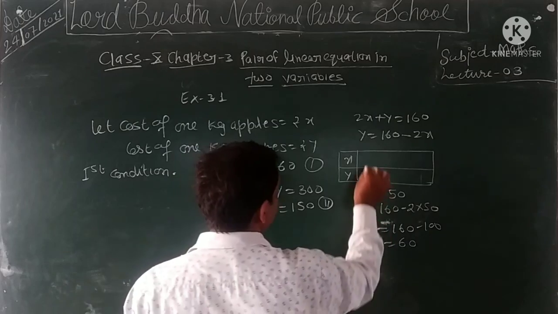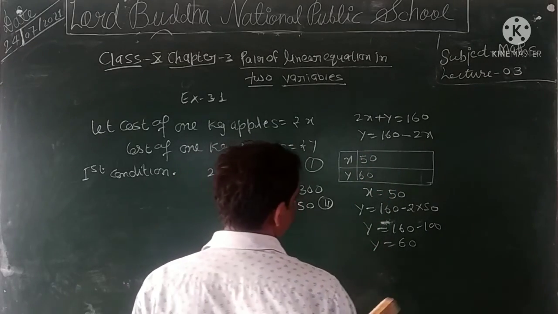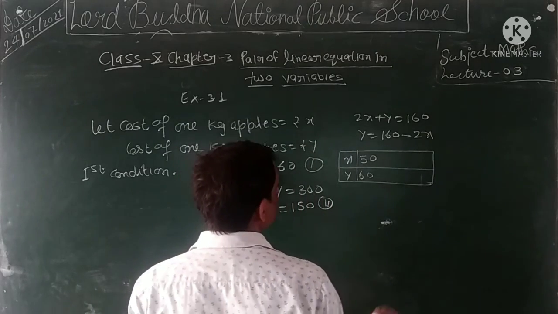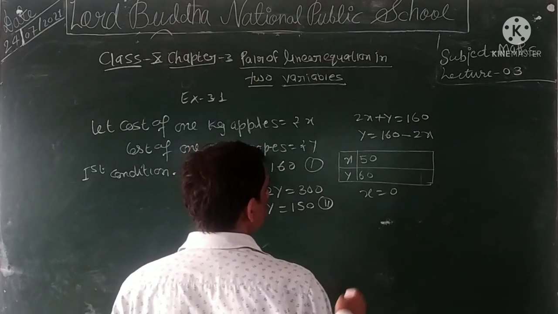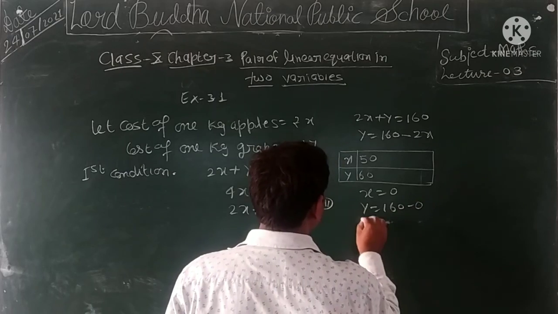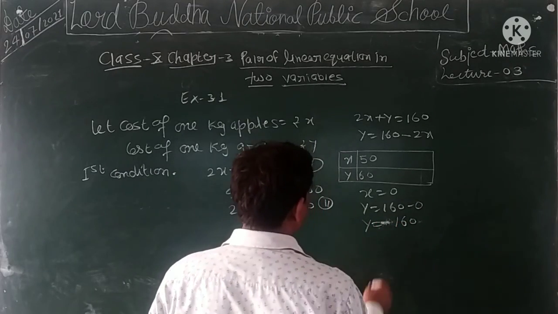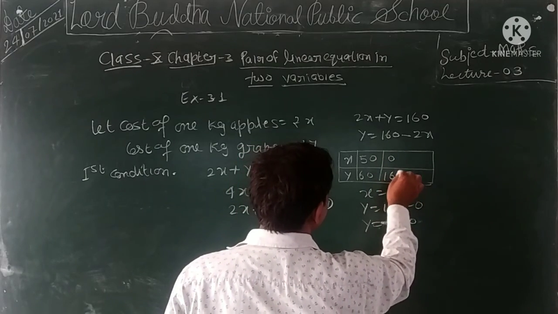That means we get here 50 and 60. Now we take X equal to 0. When X equal to 0, Y will be 160 minus 0, so Y will be 160. That means X 0, Y 160.